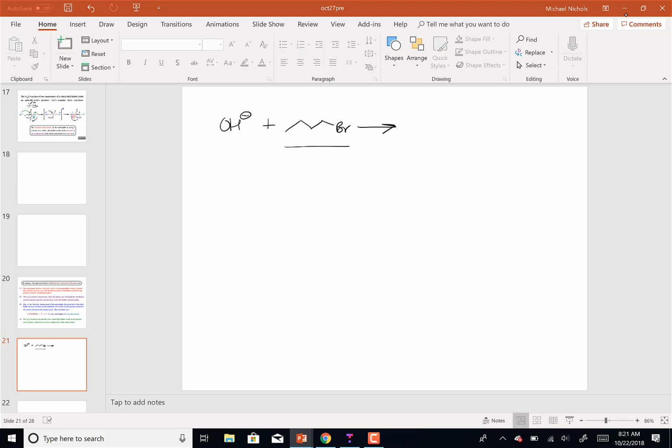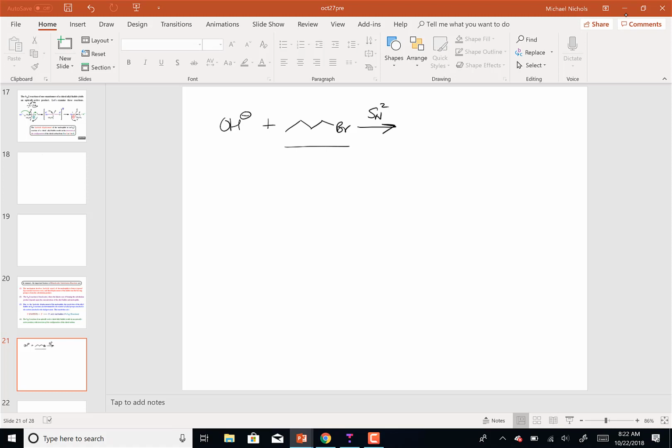I'm going to call a negative nucleophile a strong nucleophile. And so you've got a strong nucleophile plus a primary halide. That's going to be automatically an SN2 mechanism. But for the moment, I'll tell you that. And since today's all about SN2 mechanisms, that's probably the last time I'm going to tell you this is an SN2 mechanism, because that's all we're doing today.